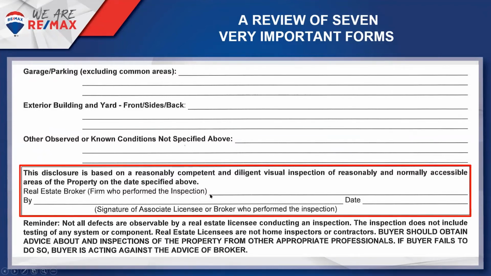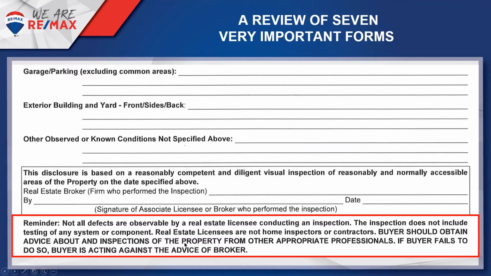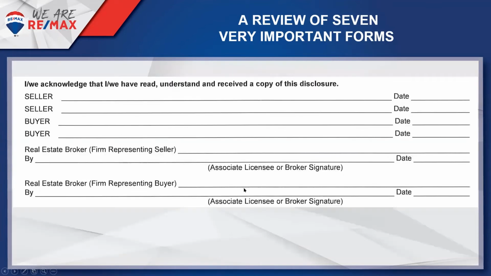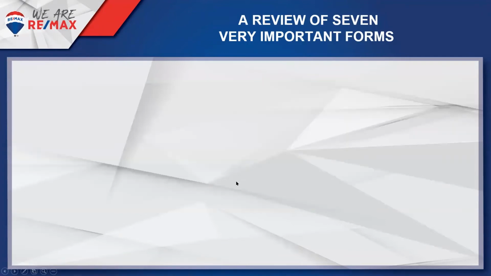This is the firm who did the inspection, the company that you're with, so either United or All Pro, and then the signature of the agent who actually did the inspection and the date of the inspection. And then another advisory to the buyer: this does not replace a physical inspection, and they might want to hire a professional to take a look at the property. And then everybody signs acknowledging getting the copy.